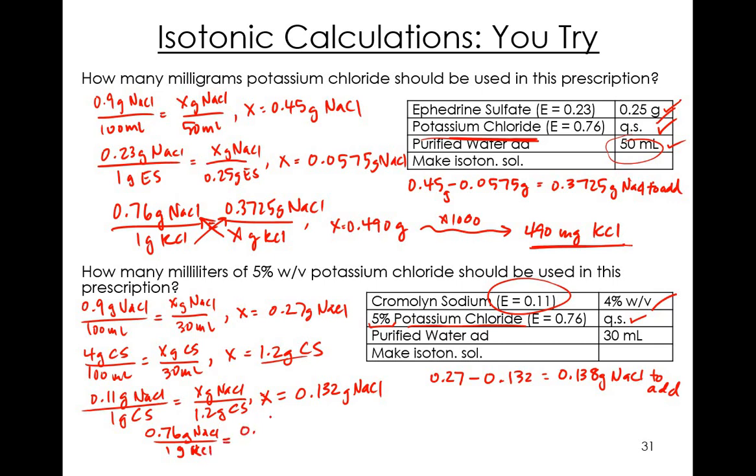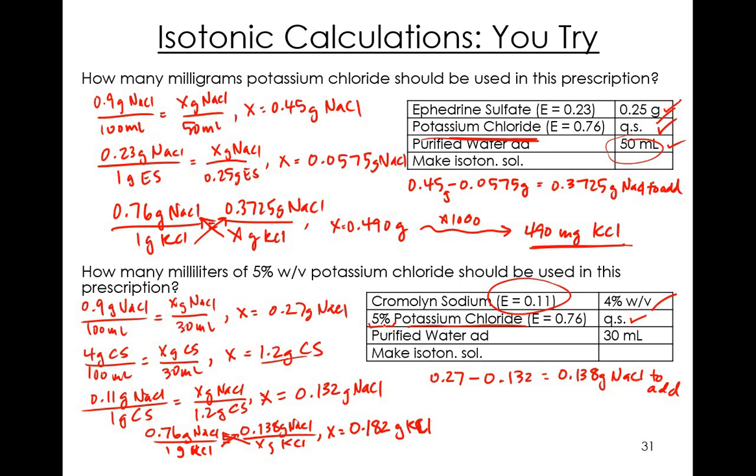We want to add 0.138 grams of NaCl and want to know how many grams of KCl is that. And the value after crisscrossing and dividing should be 0.182 grams KCl.